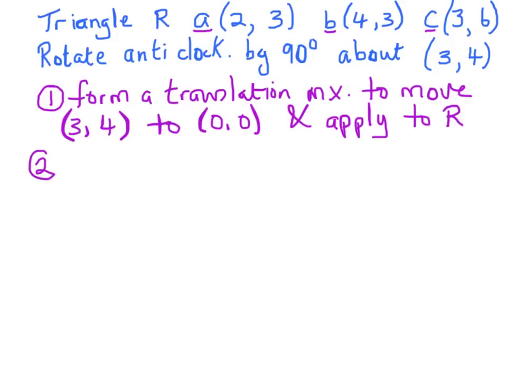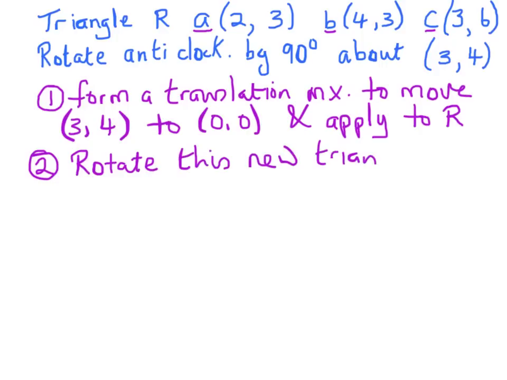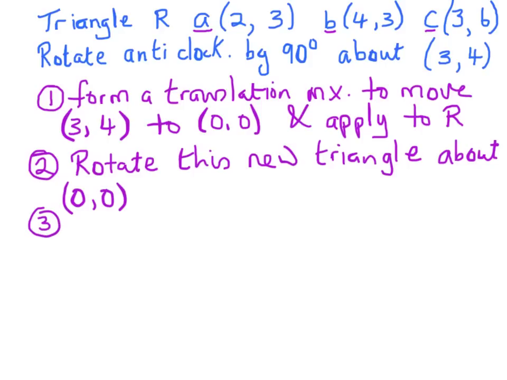Then 3, 4 is going to be at 0, 0, so now we can rotate this new triangle that we got from part 1 about 0, 0. And then thirdly we will move it back.